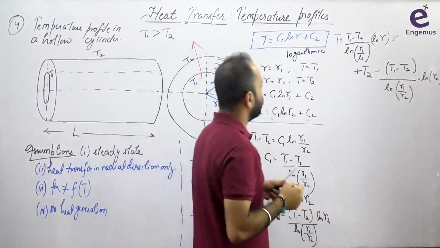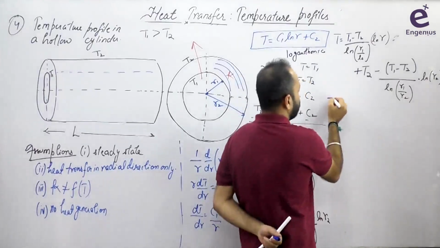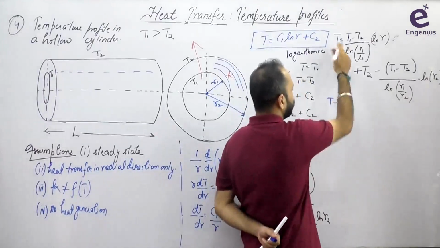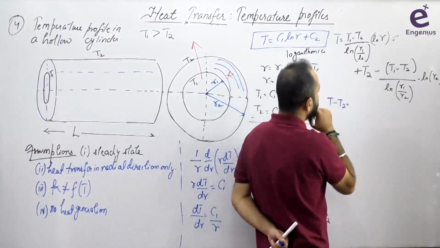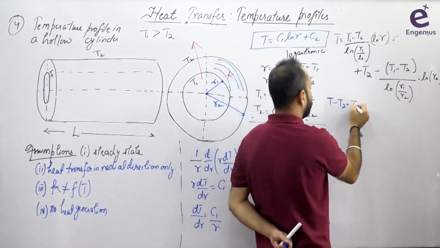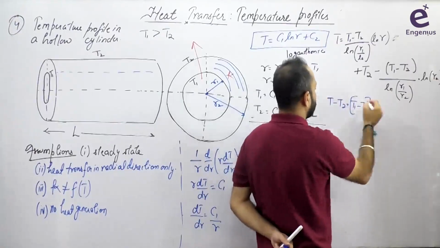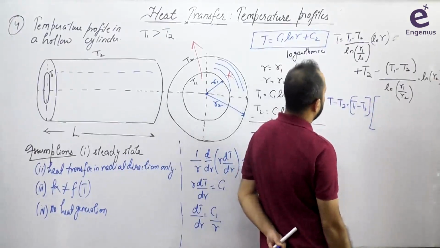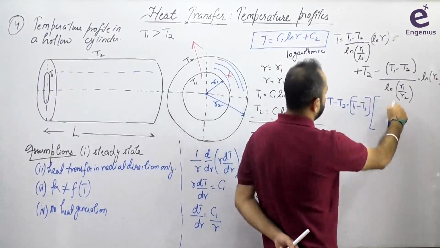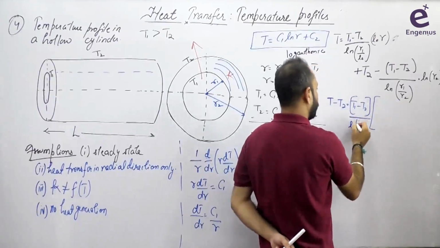We can simplify this, don't worry. ठीक है, क्या कॉमन लिया जा सकता है? देखो, I can write this equation as T minus T2, right, is equal to, I can take T1 minus T2 common, T1 minus T2, अंदर क्या बच जाएगा? And even I think I can take this common, log of R1 by R2.